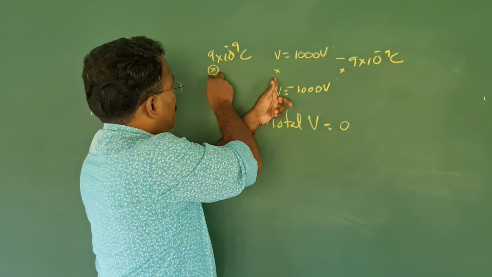And if I double this distance, this is also 9, means if this is 18 centimeters, this is an equipotential surface with 500 volts. Correct, no? So any number of equipotential surfaces you can imagine.